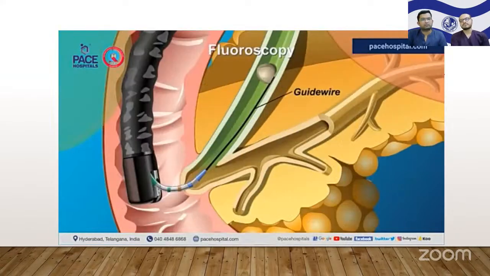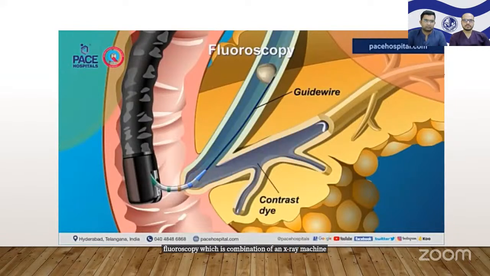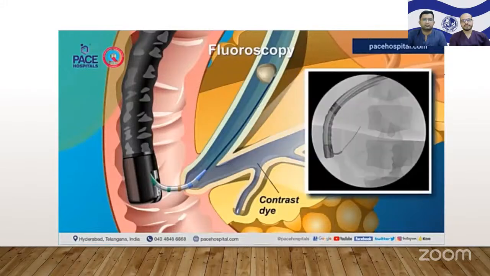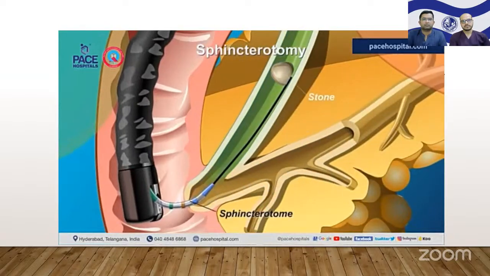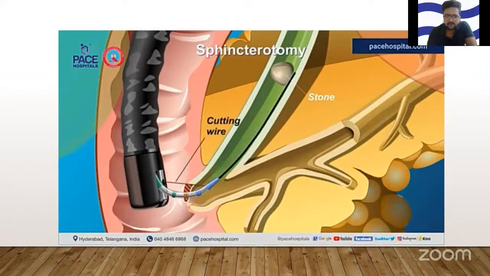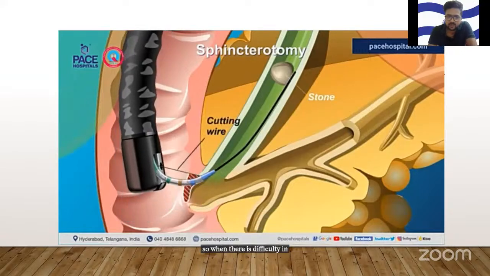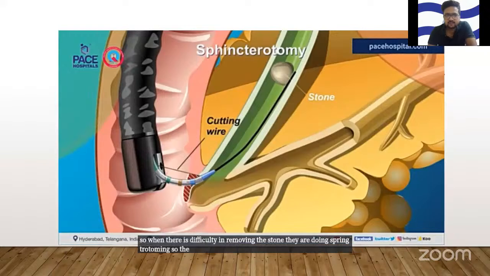Fluoroscopy, which is combination of an X-ray machine diagram. So when there is difficulty in removing the stone, they are doing sphincterotomy. So the removal of stone becomes easy.